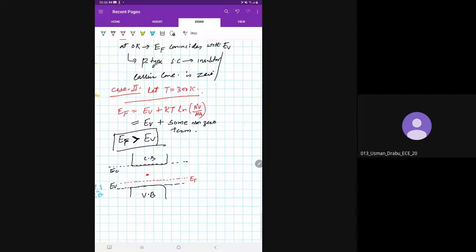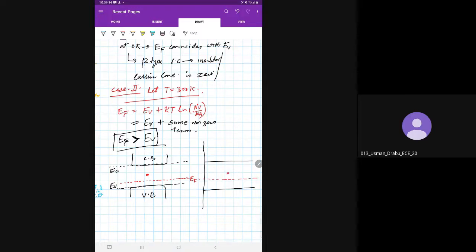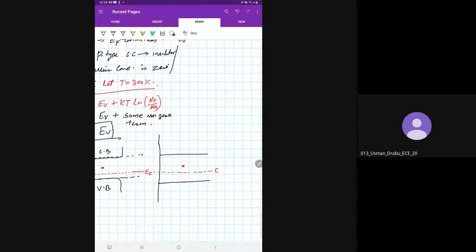So this is EF in P-type semiconductors. And if we draw the density of states diagram, then this is how it can be drawn. So this is the Fermi energy level in a P-type semiconductor.